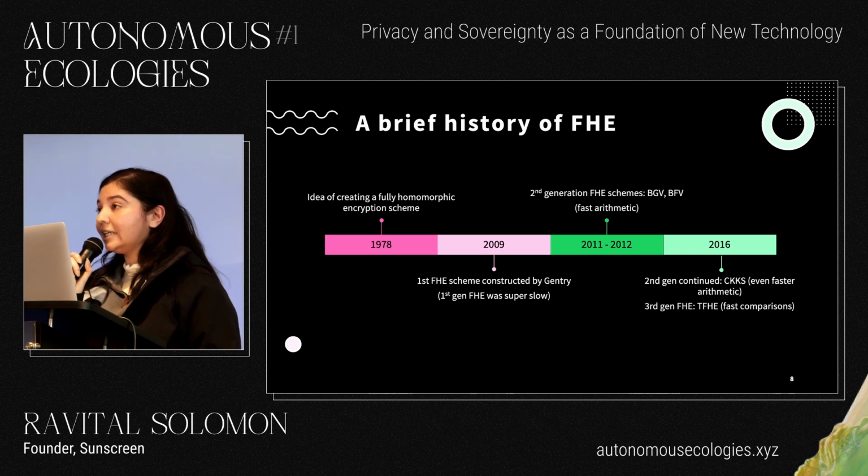So we saw CKKS, which allowed for even faster arithmetic on encrypted data at the cost of having some scaling issues. And then finally, today we're at the third generation of FHE with the TFHE scheme, which allows for very fast comparisons on encrypted data at the cost of not being able to support fast arithmetic on encrypted data.